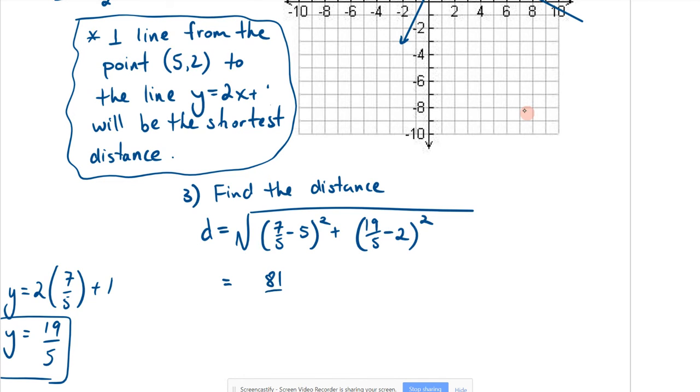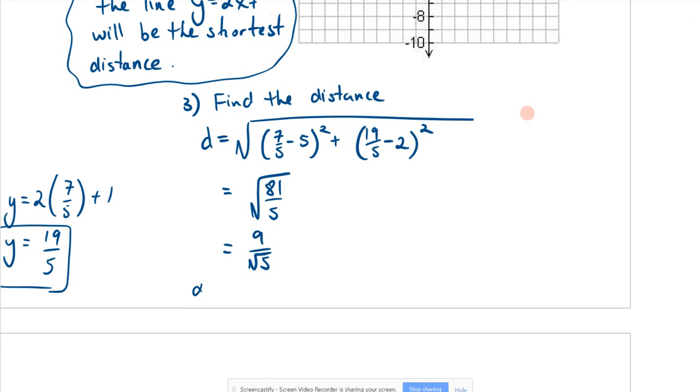What you'll end up having is the square root of 81 over 5, and when you simplify that, you get 9 on the top, and you still have the square root of 5 on the bottom. Or if you're using your calculator, that will approximately equal 4.02. And that's the distance from the point 5 and 2 to the line y equals 2x plus 1.